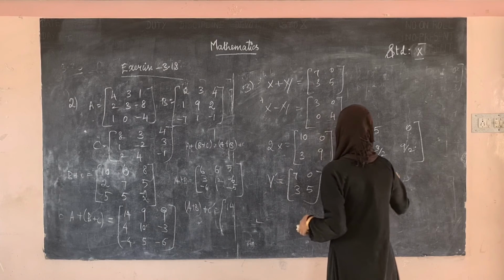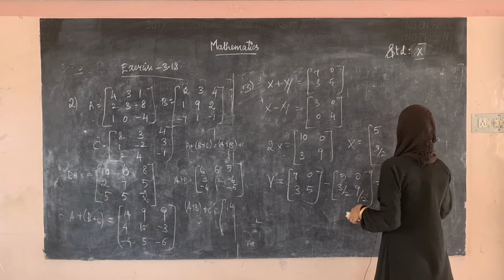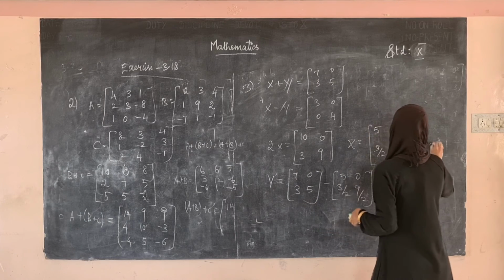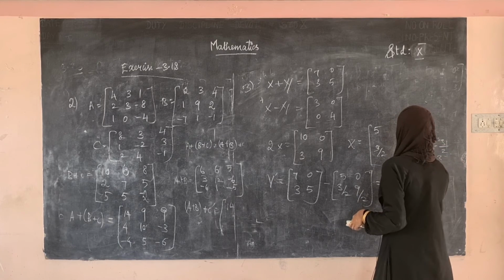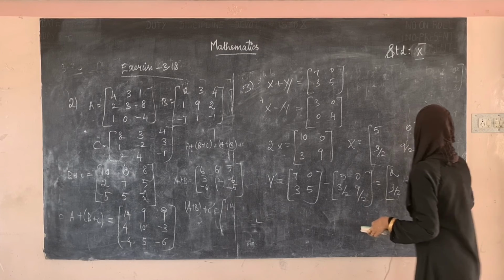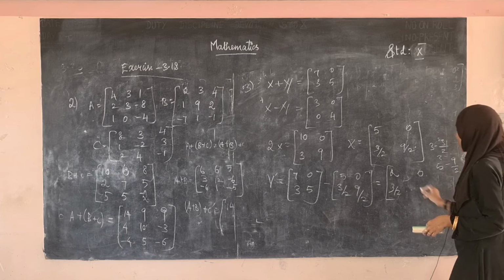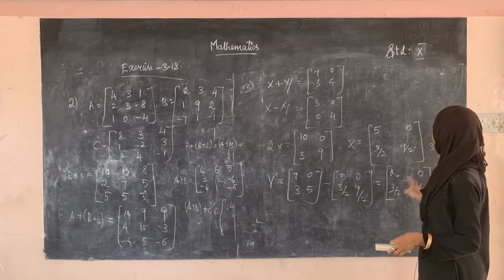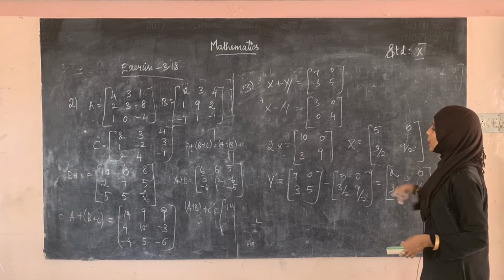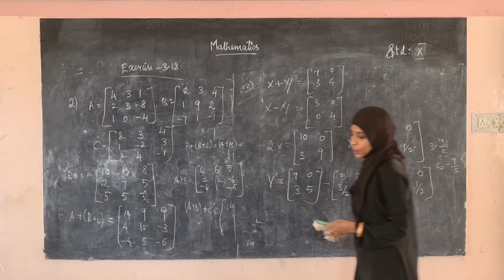Which is equal to 7 minus 5 is 2. 0 minus 0, 0. 3 minus 3 divided by 2 is 6 minus 3, 3 divided by 2, and 5 minus 9 divided by 2, 10 minus 9, 1 divided by 2. So the matrix Y is 2, 0, 3 divided by 2, 1 divided by 2. The X is 5, 0, 3 divided by 2 and 9 divided by 2.